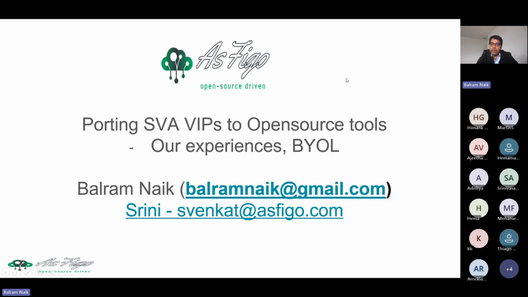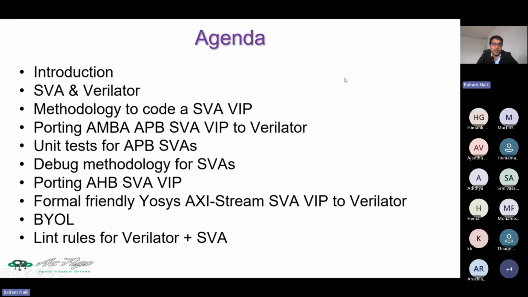I'll go through a couple of slides. My presentation covers the introduction, SVA, and how we are porting into Verilator. There are a couple of methodologies to tweak, fork and embed into the design, and port all the standard APB, AHB, AXI SVA VIPs into Verilator, also with some unit test checking, which enhances your debugging and better integration.